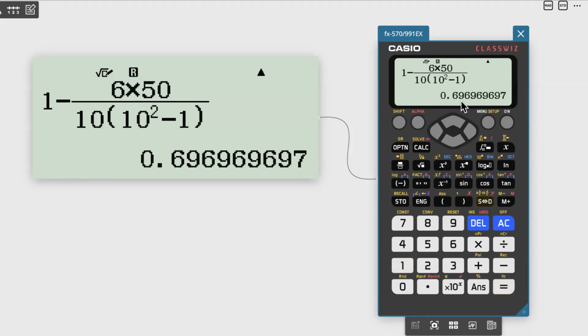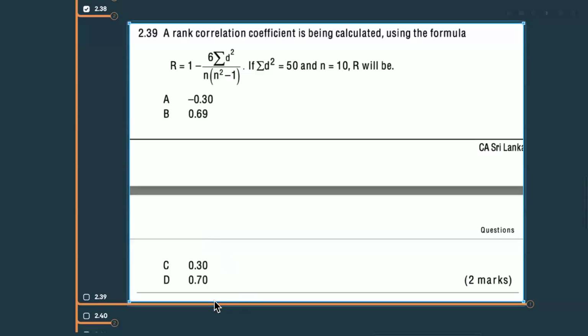Make it decimal: 0.696. If you are taking 2 decimals, the third place is 6, so we have to round up. So 0.70 is the most probable answer.